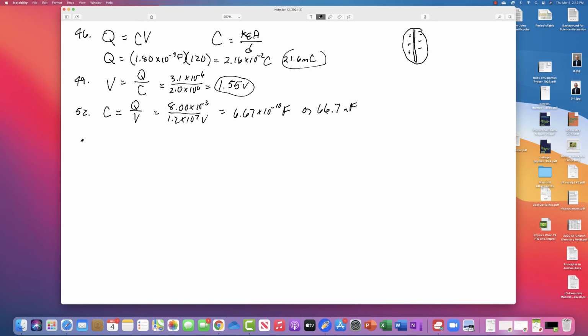The next one is a problem to calculate using the other formula that I showed you up here, right here. The next problem, problem number 53, says find the capacitance of a parallel plate capacitor having plates of an area 5 separated by 0.1 with Teflon.